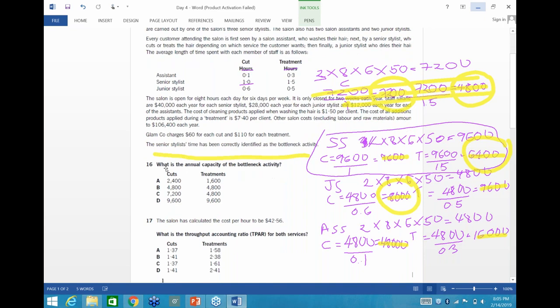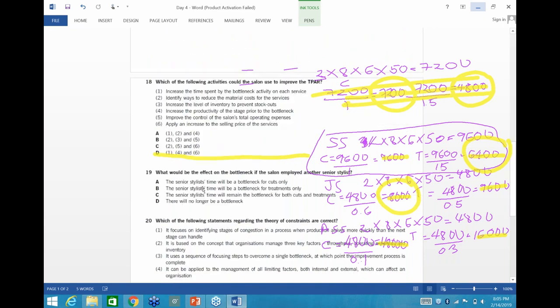Okay, so on that note, going to question 19: what would be the effect on the bottleneck if the salon employed another senior stylist? Senior stylist time will be the bottleneck for treatments only. So it's not for both anymore.